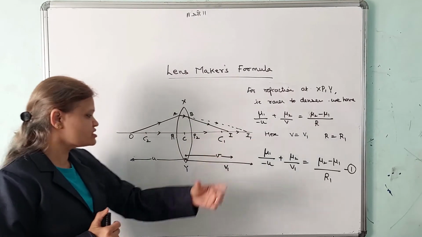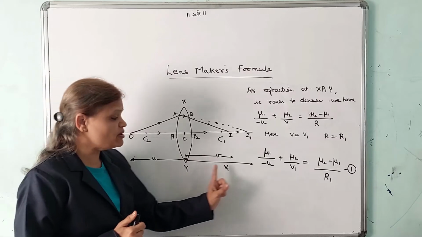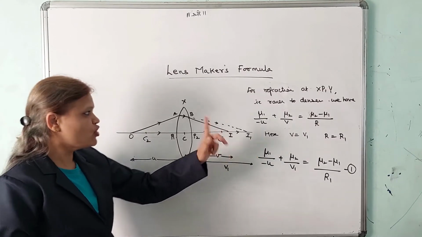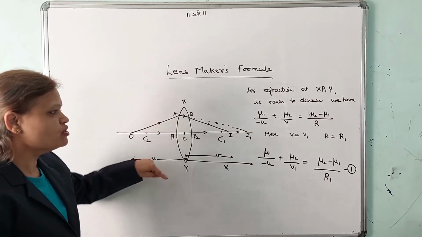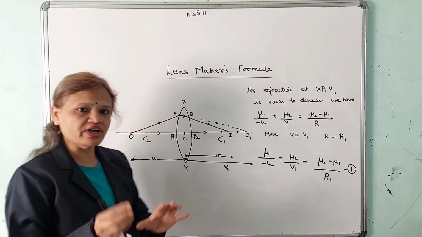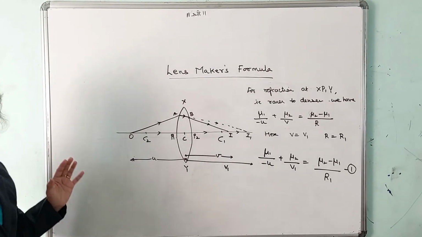So here the object distance won't be u, the object distance will be v1. And then the image is formed at I, which is the final image of the object O.